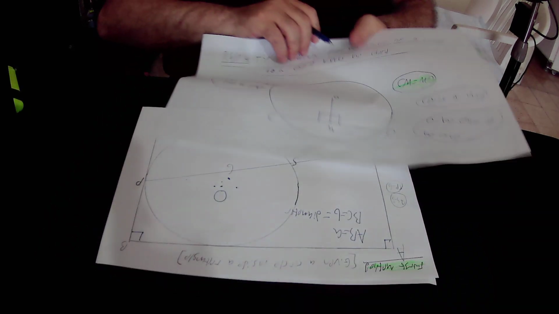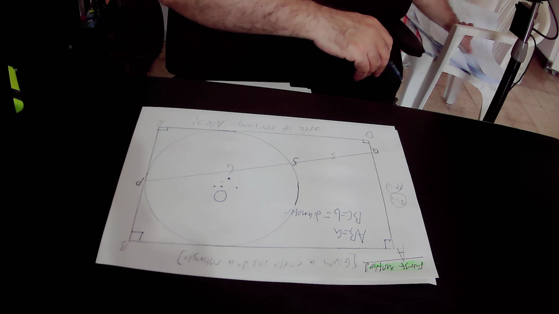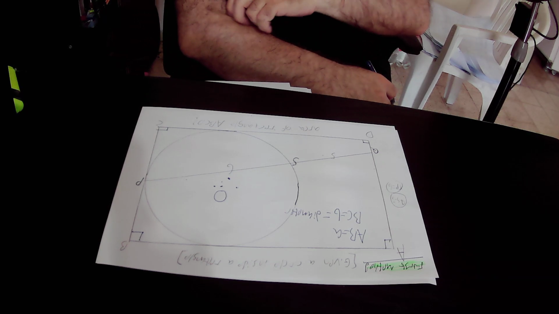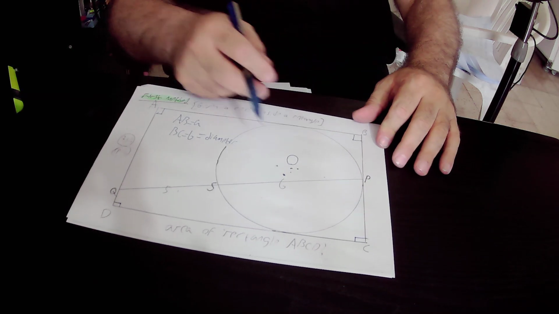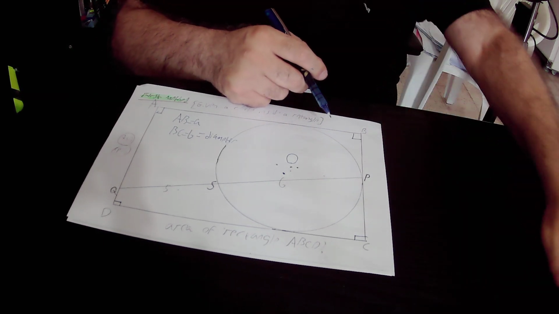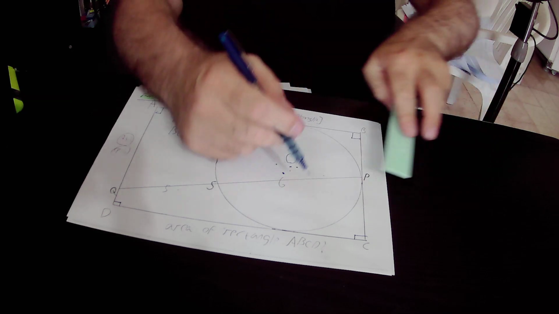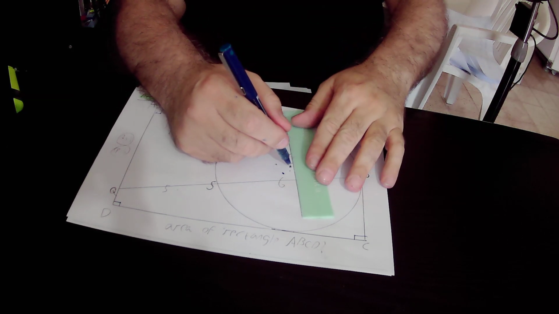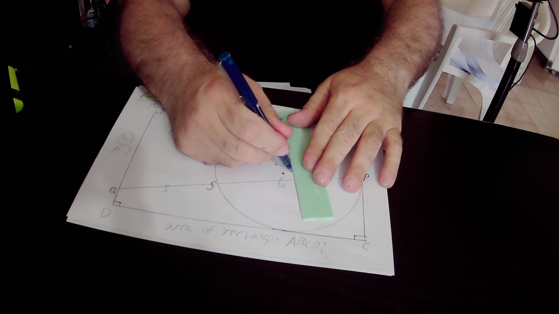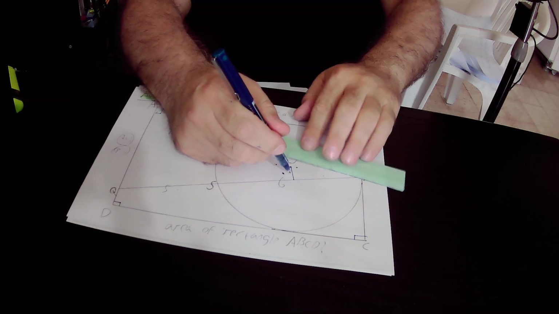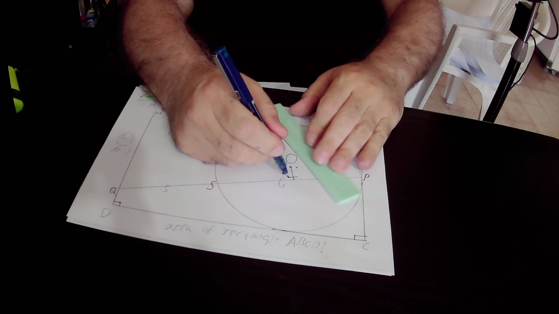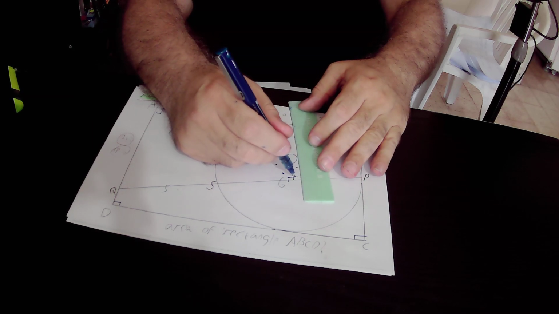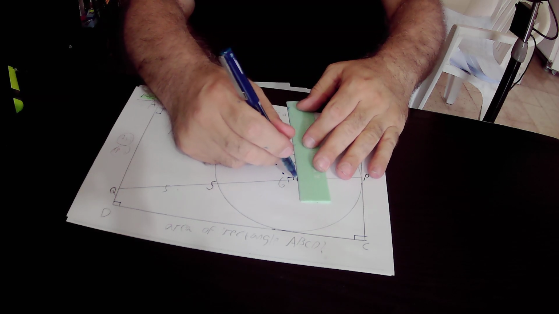We can implement rule number 4 in our drawing, because in our drawing we will draw a perpendicular from point O to chord SP. So this angle equals 90 degrees, and this angle also equals 90 degrees according to our construction.